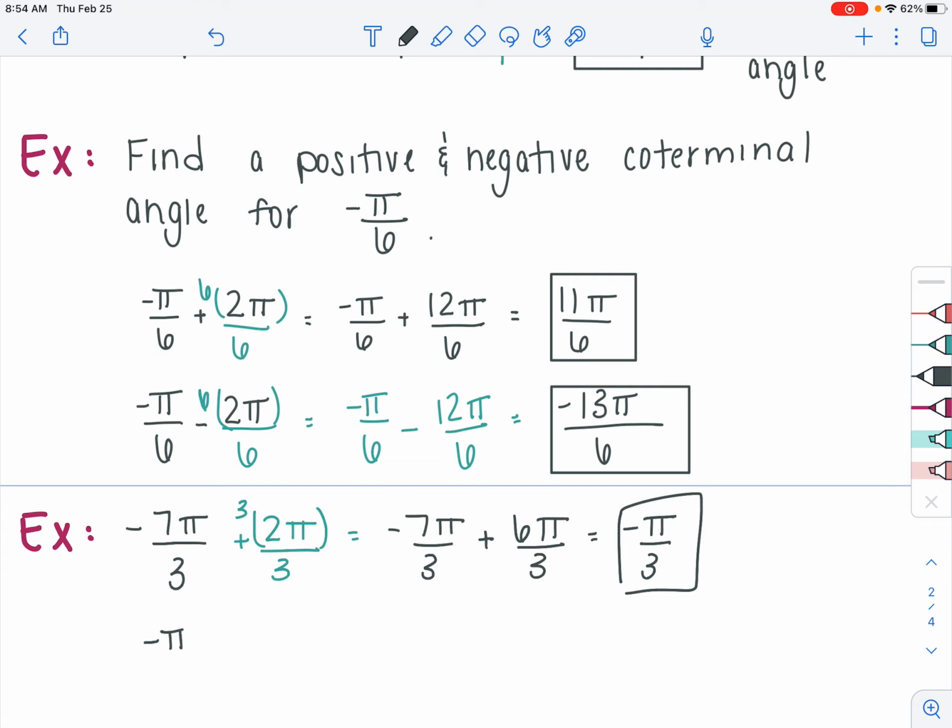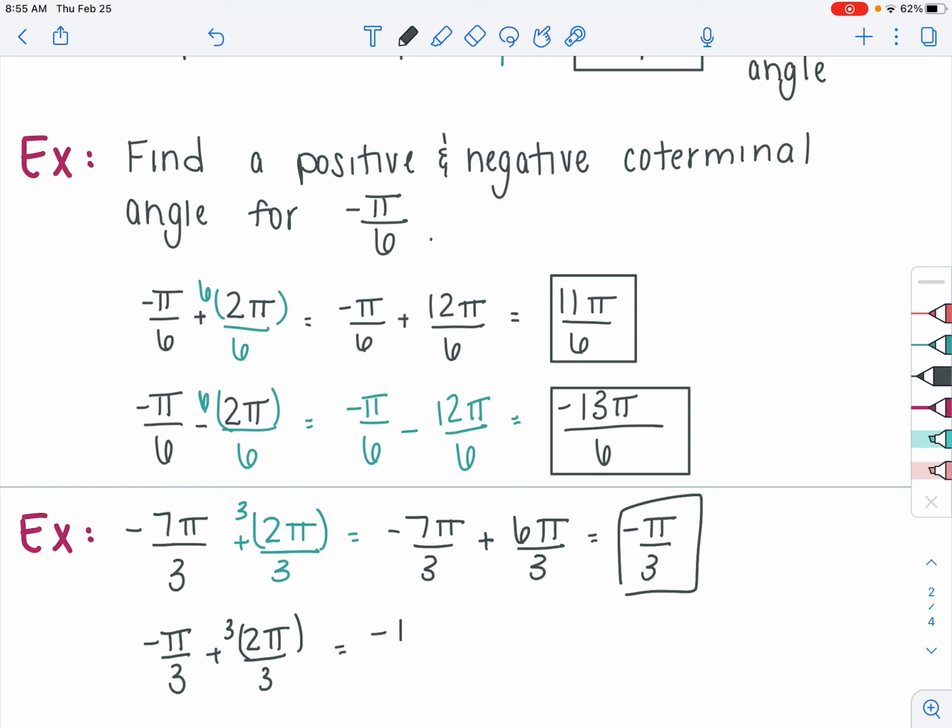So I'm going to take my negative pi over 3 because I know that negative pi over 3 is in the same place as negative 7 pi over 3. They're coterminal. I already figured that out. And I'm going to add 2 pi again. So I'm going to make my denominator 3, multiply my numerator by 3. I get negative pi over 3 plus 6 pi over 3. Negative pi plus 6 pi gives me 5 pi over 3.